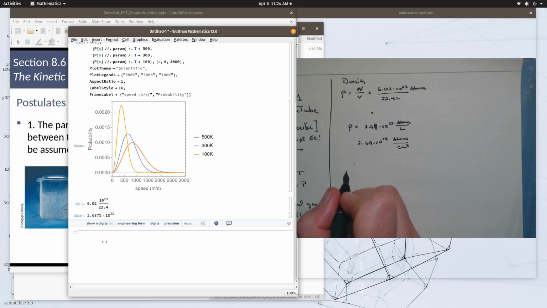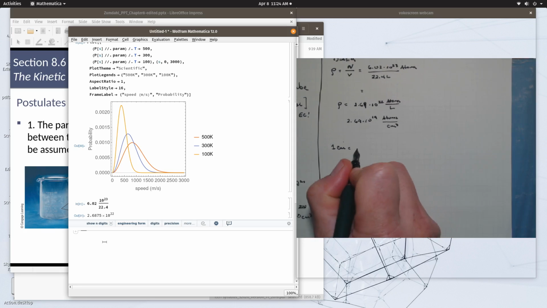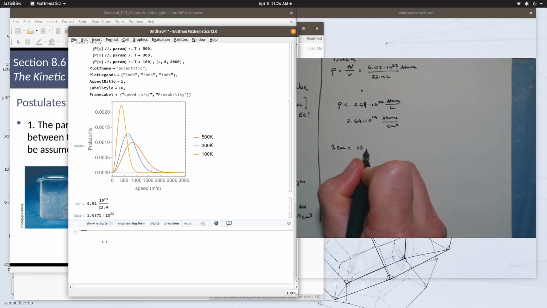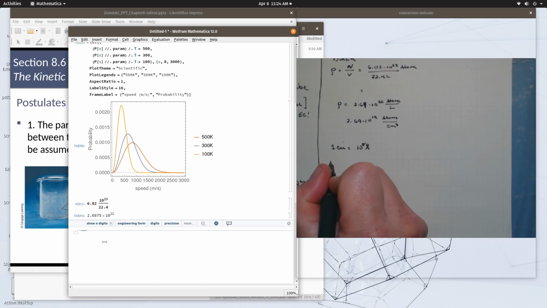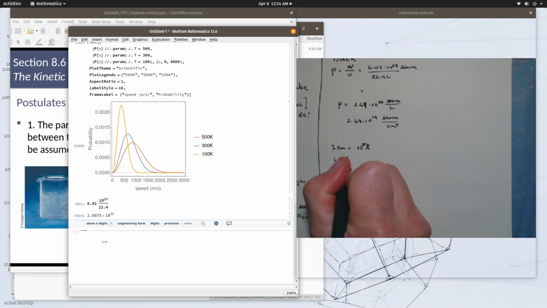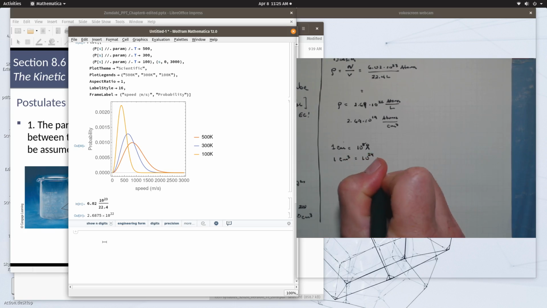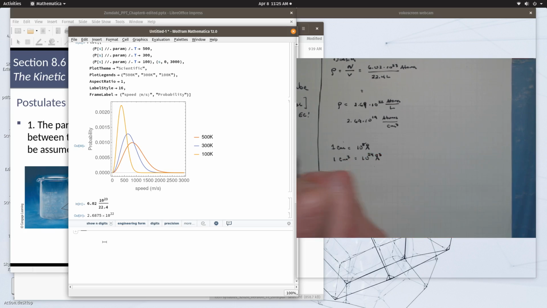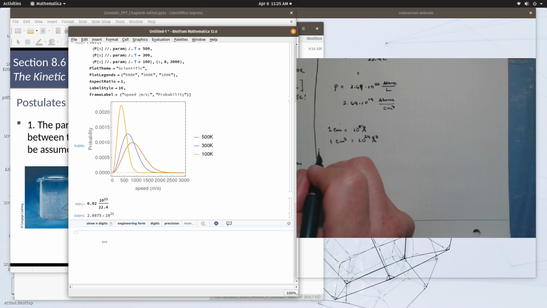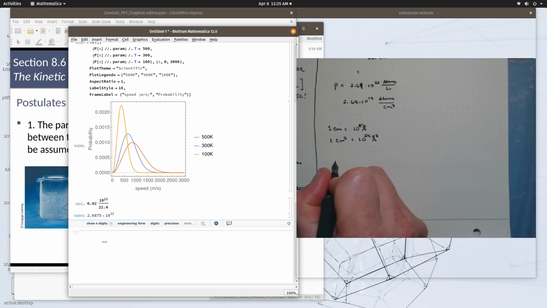Okay, so one centimeter is equal to 10 to the 8th angstroms. Now a cubic centimeter, 1 cm cubed, is 10 to the 24 angstroms cubed. So now I can convert this into the density per cubic angstrom.